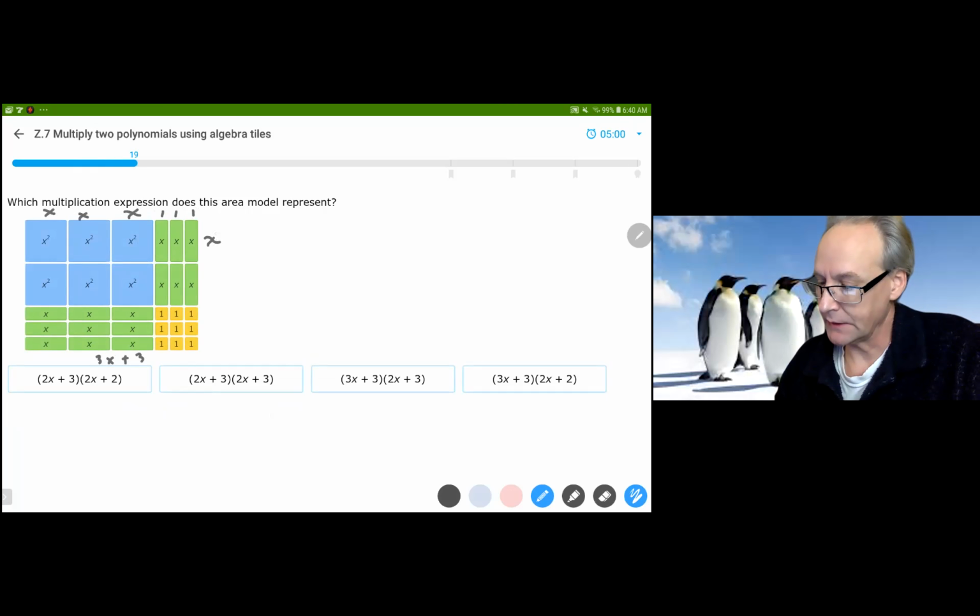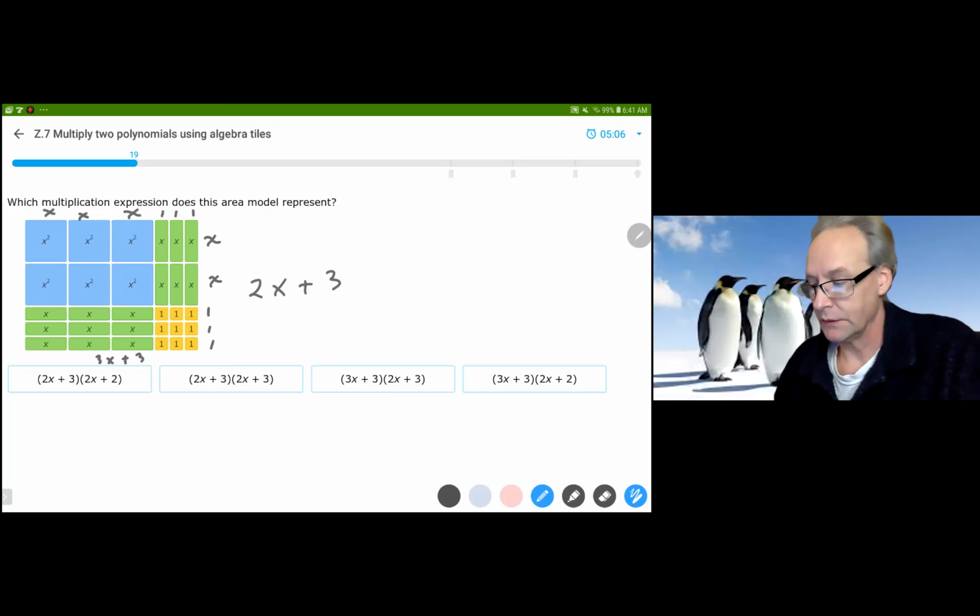And we have an x and an x and a 1 and a 1 and a 1, which gives us 2x plus 3. Hopefully you can see that 3 by 3 makes this 9 right here, doesn't it? And this 3 by 2x gives you 6x. And this 3 by the 3x is 9x. And this is the 6x squared, isn't it?